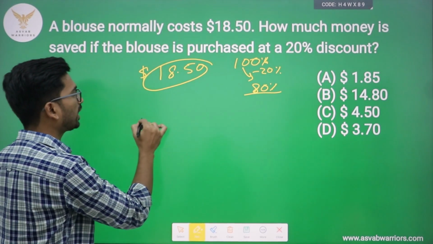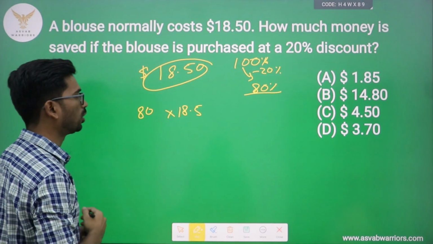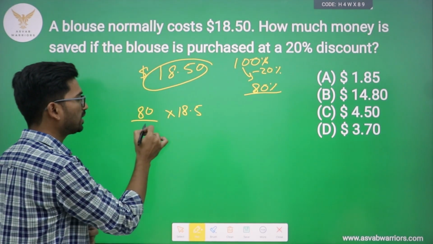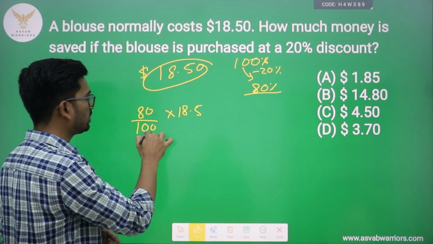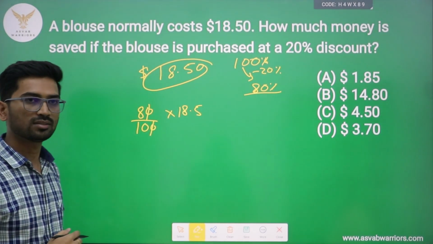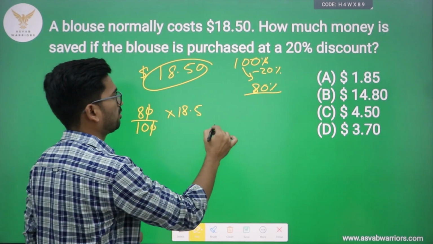Now we need to calculate 80% of $18.50. So 80% is 80 by 100 into 18.5. So this 0 will get cancelled out with this 0 and we will multiply 8 into 18.5.